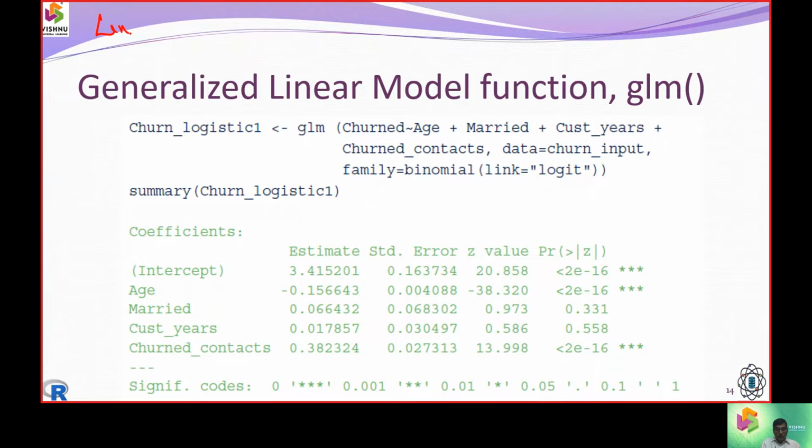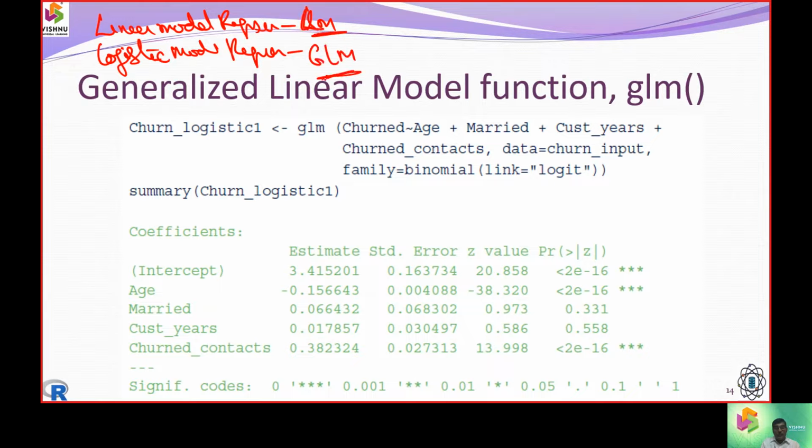When we use linear regression, we use the LM function. But when we use logistic regression, then we use GLM. So that is the difference.